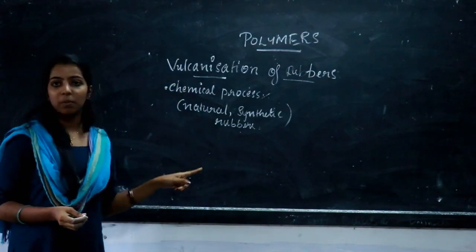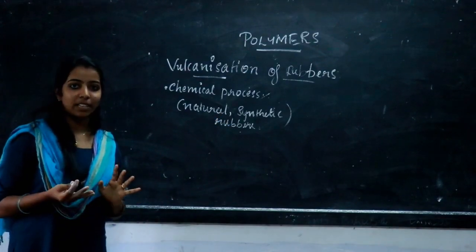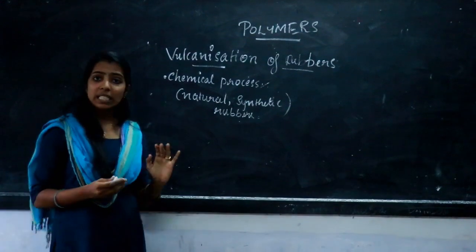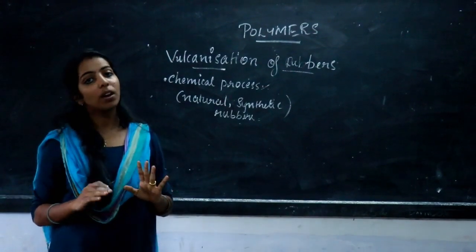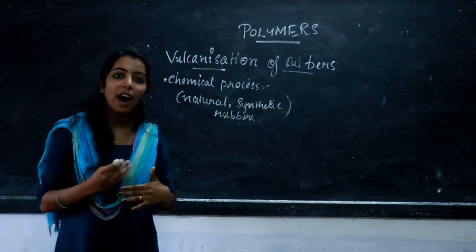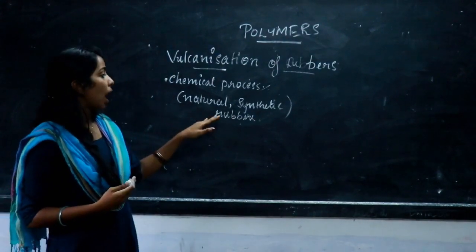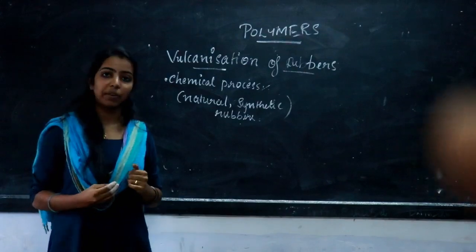Natural and synthetic rubbers are very soft and sticky, and they have low resistance to friction. So articles made from such rubbers will not last long. So they are hardened so they can be used further. In order to harden them, they are heated with sulfur.